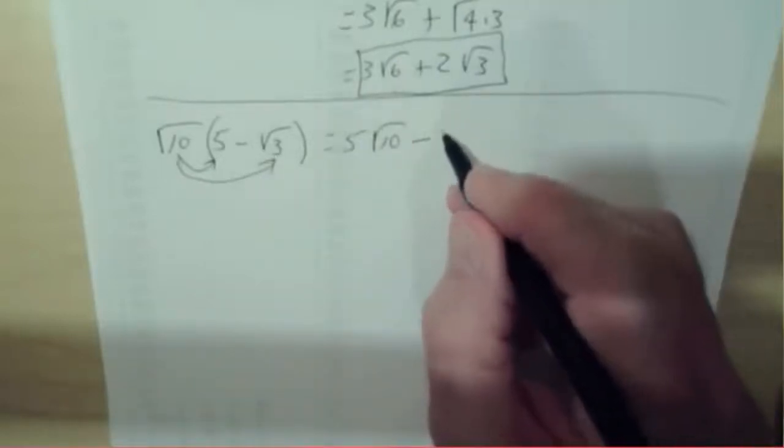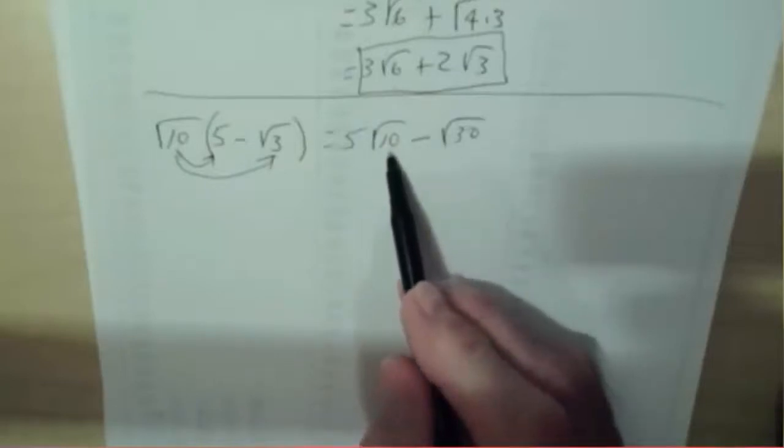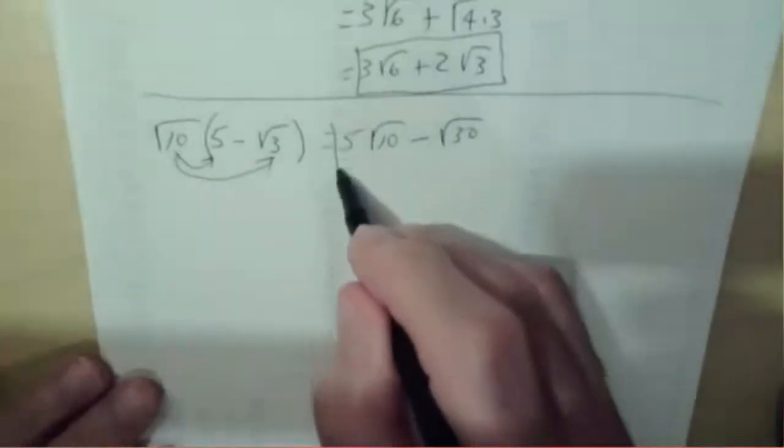The square root of 30. 10 times 3. Can we factor the 5 into something that's a perfect square? No. Can we factor the 30 into something that's a perfect square? No. So that's all we can do, and we cannot combine those.